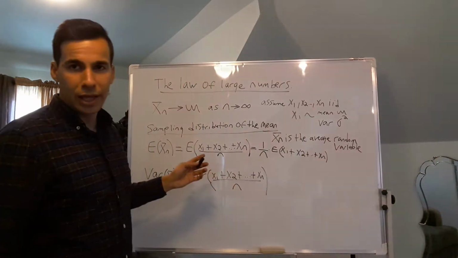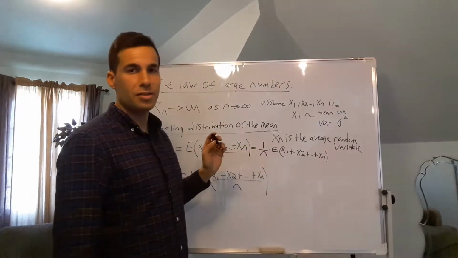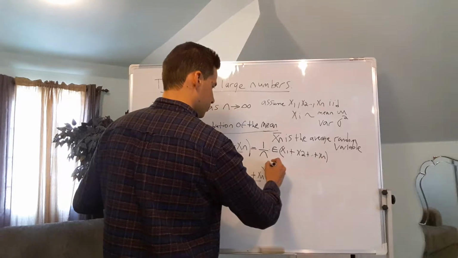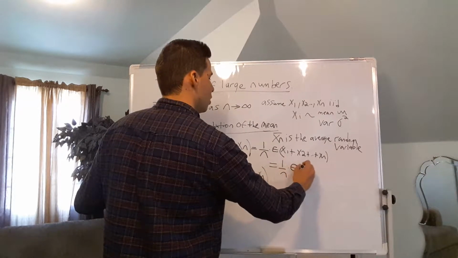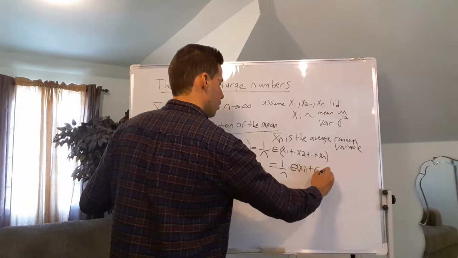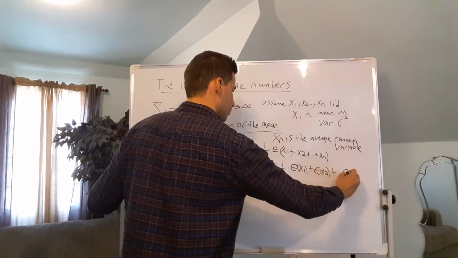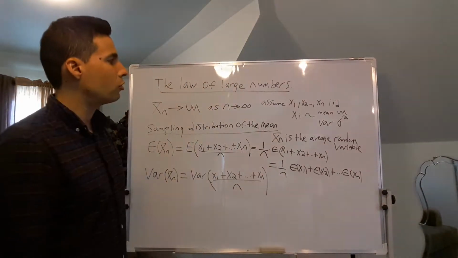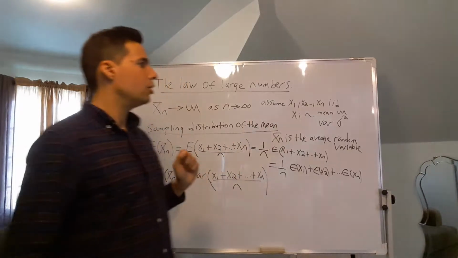Now, like I said, the expectation of a linear combination is linear, so this will actually equal 1 over n times the expectation of each one, down to Xn. And since all the random variables are the same, they all have the same mean, which is mu.